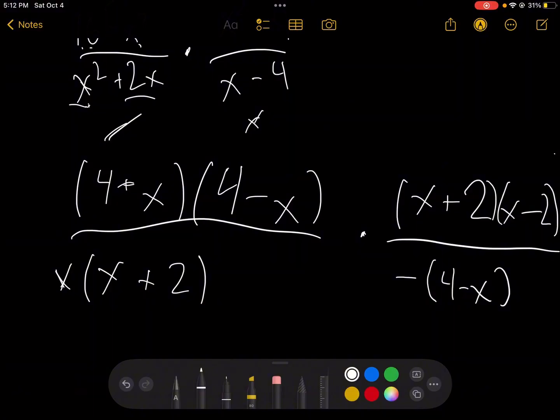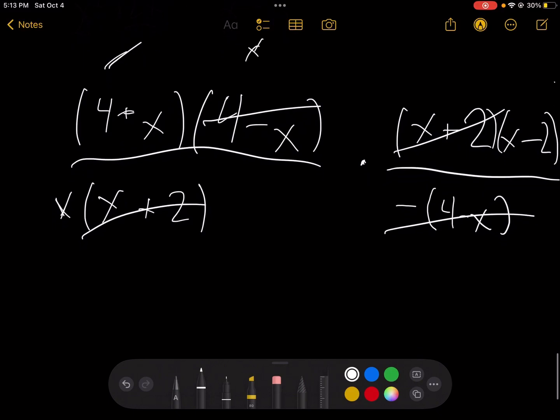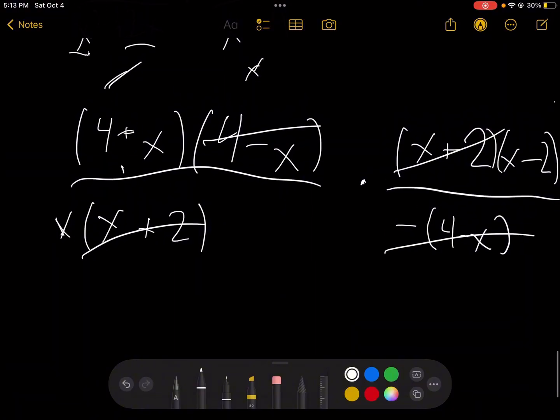Okay. Now you can just cancel these two out, and then you can cancel these two out. And then this is what you have left. Okay, now you're left with these two.